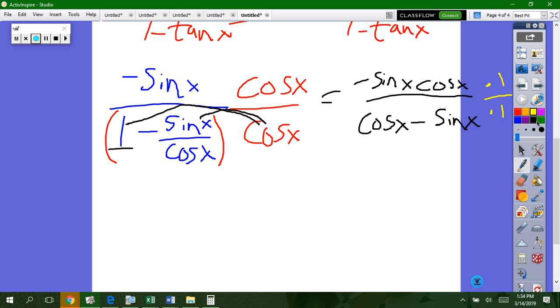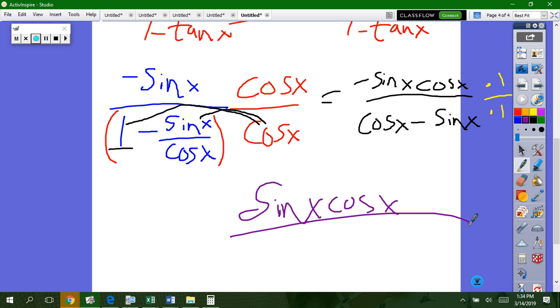So notice the top now becomes over, this is timesing by -1. Those are negatives. What's cosine times -1? Negative cosine. What's negative sine times -1?